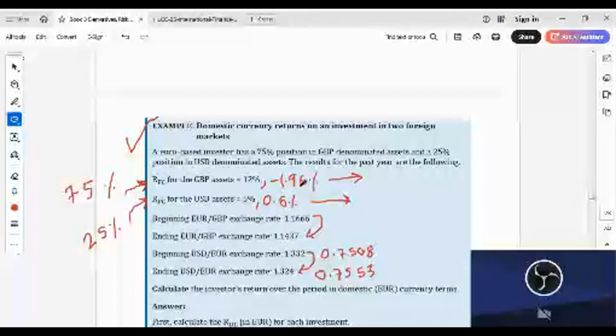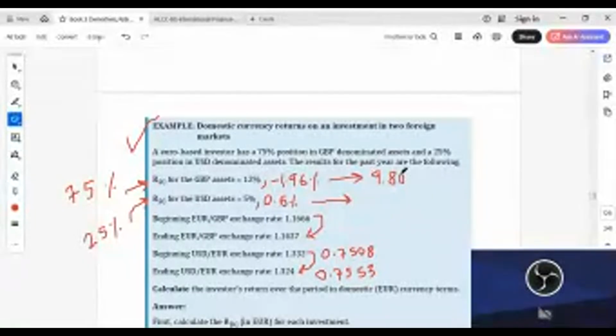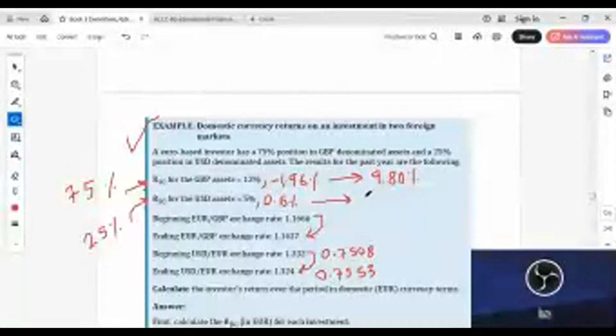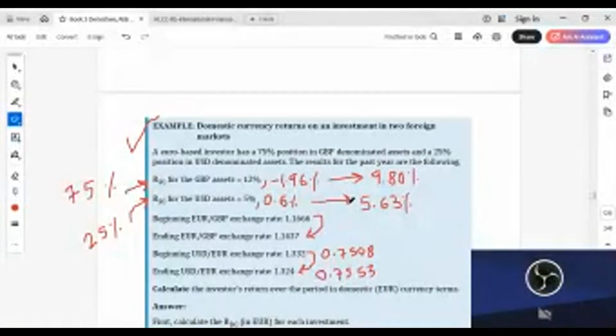So this is 9.80%. Then 5.63%. Which one?